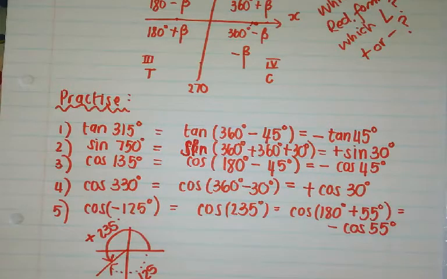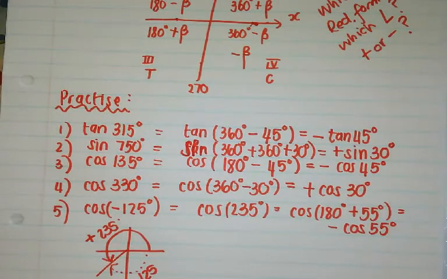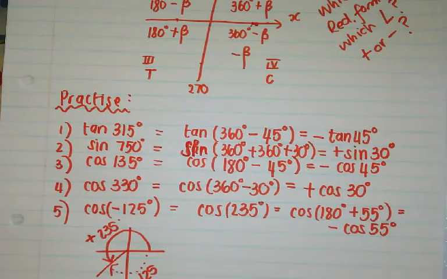Cos 180 minus 55. And you still got negative cos 55. Thing is, you just always need to check the positive and negative nature. But because it's a repetitive graph, it should work. Okay, but that's fine. Just for me, to be safe, I like to work with positives, so I changed it to positives.